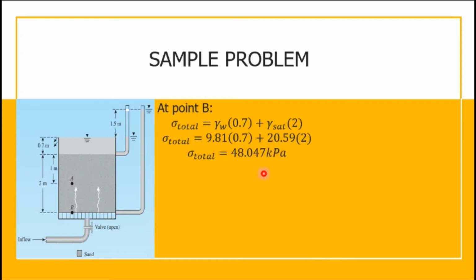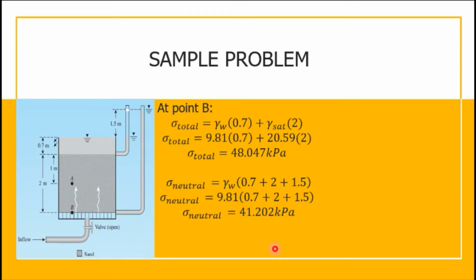The total stress will be equal to 48.047 kPa or kilonewton per square meter. The neutral stress is equal to the unit weight of water multiplied by 0.7 plus 2 plus the head loss at point B, which is 1.5. Therefore, this will give us 41.202 kPa as the neutral stress.